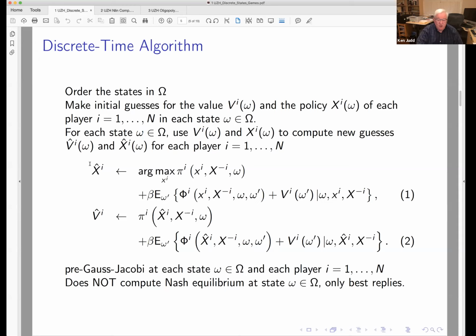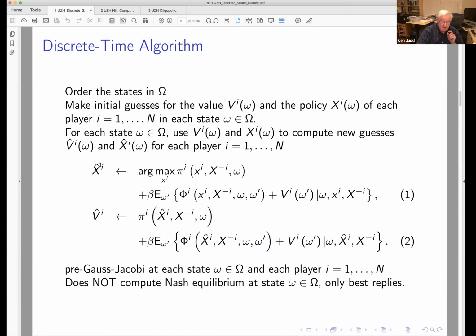And so now, to get a new guess for player i's strategy, you solve out player i's problem, given the current guess for everybody else's strategy. That's player i's new strategy, X super i, the argmax of this over the little x_i.